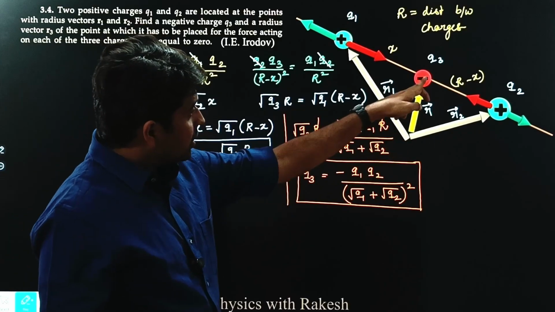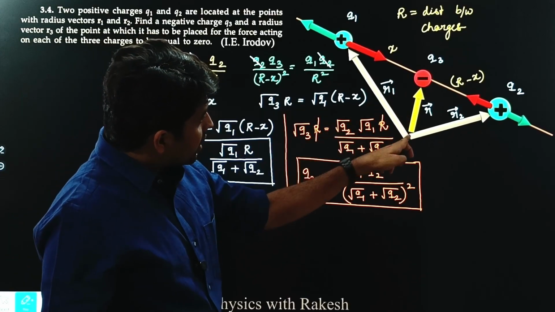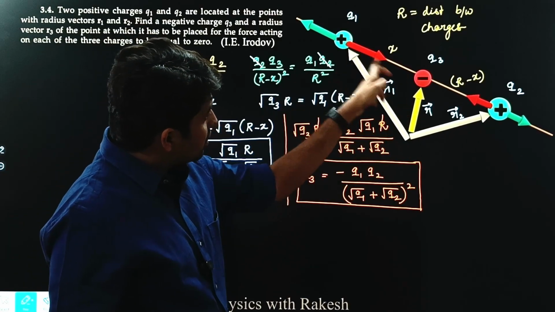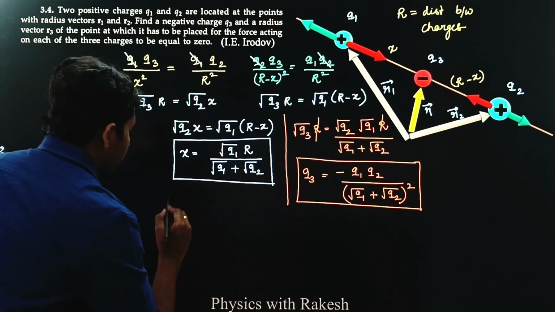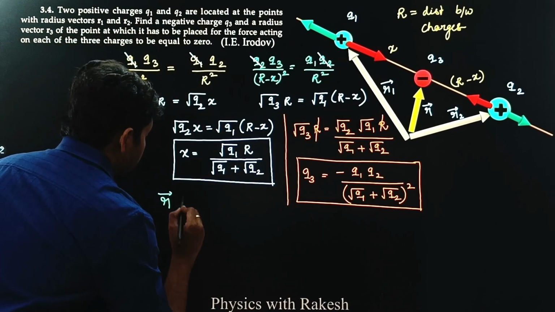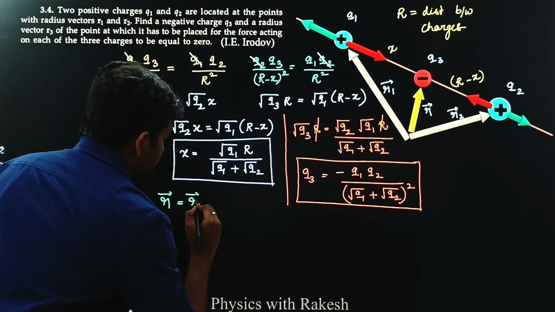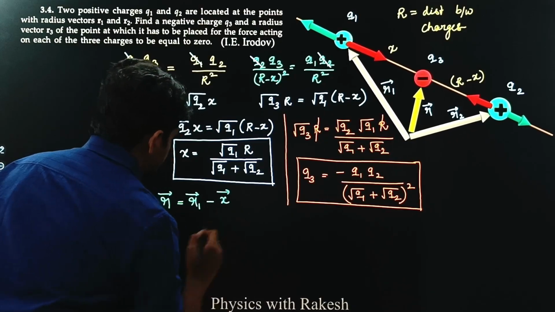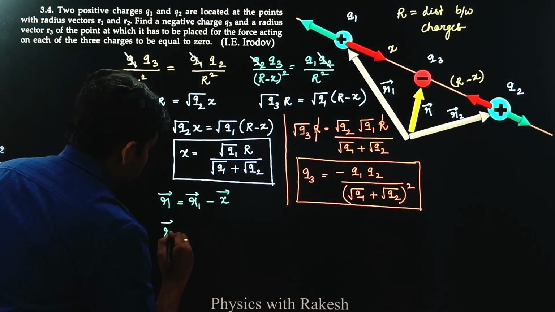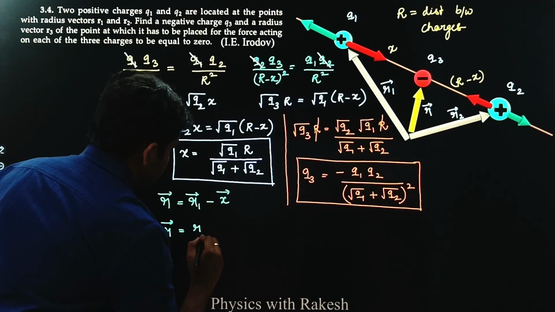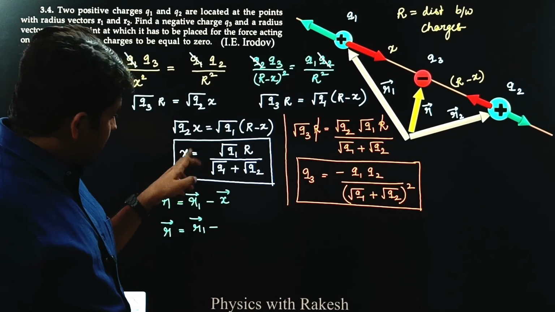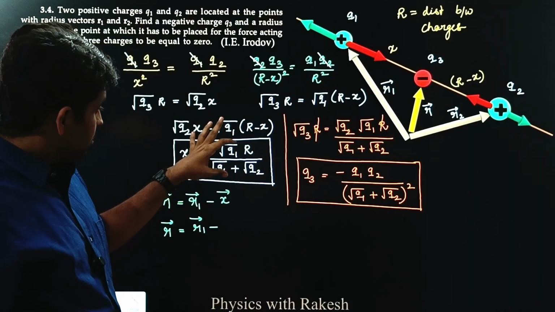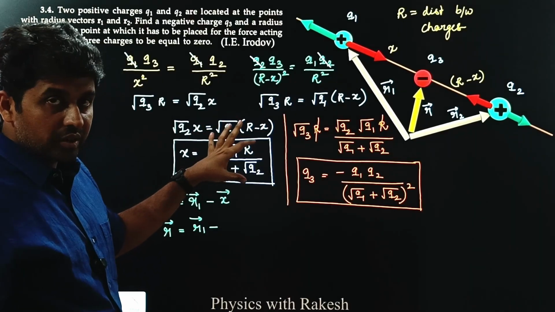Next we need to find r bar. So what is r bar? r bar is nothing but r1 bar minus x bar. We are taking x bar this side. So r bar equal to r1 bar minus x. We have the magnitude of x, and we need the vector form of x.